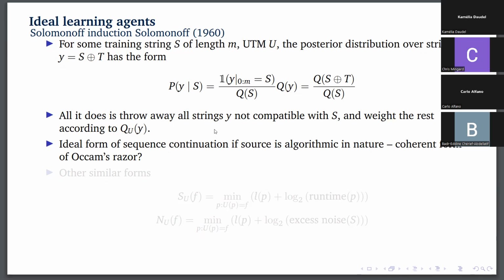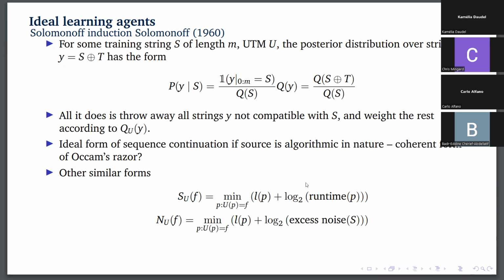And there are other people like Schmidhuber who have talked about a more practical form of this, with a runtime term, because if you were to write the source code of the universe and run the simulation, that would potentially be a very simple program, but it would take so long to run that it would be practically useless. And various other people have come up with similar complexity measures when you have noise in your training set.